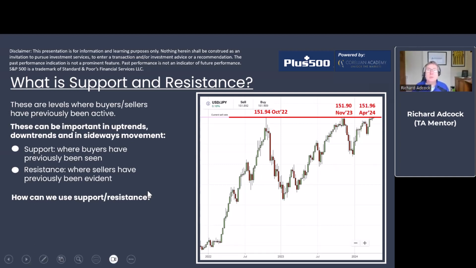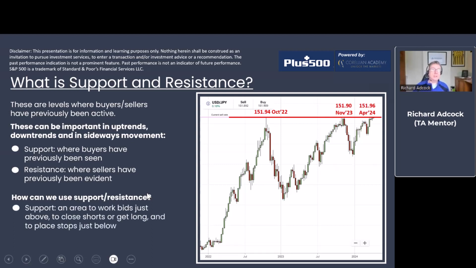So how can we use support and resistance on a day-to-day basis? Well, we can use support as an area where we can work bids if we want to get long of the market. We would work those bids just above the support area, just to give the market a little bit more room, just in case we don't correct back and match that support point exactly.